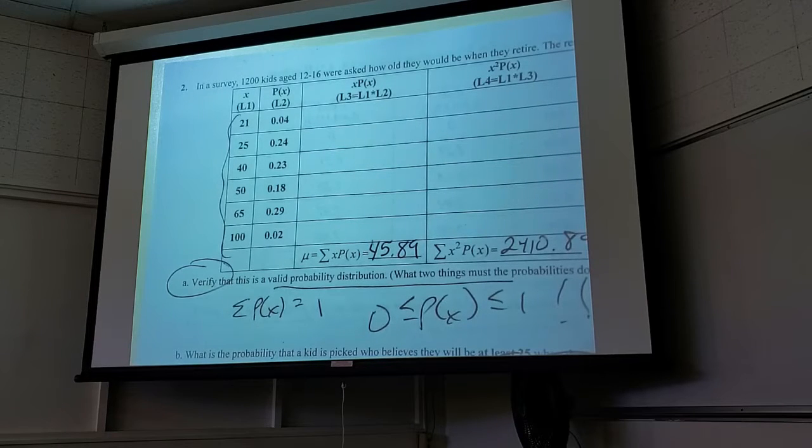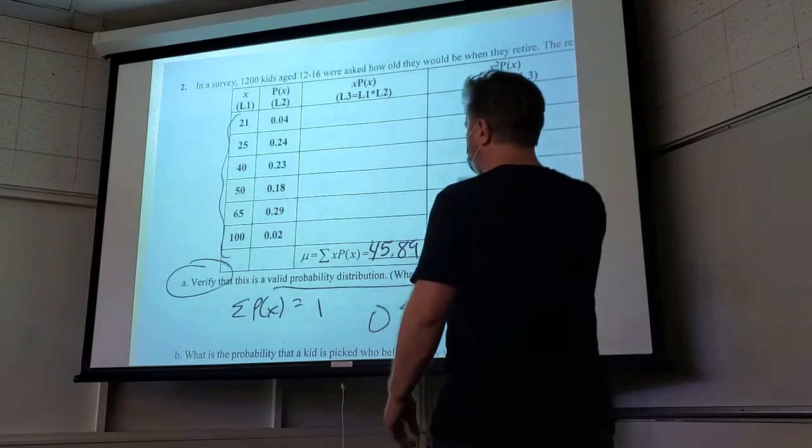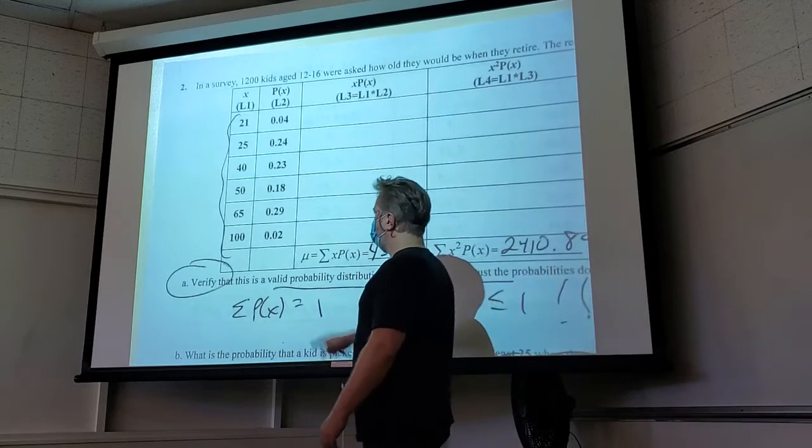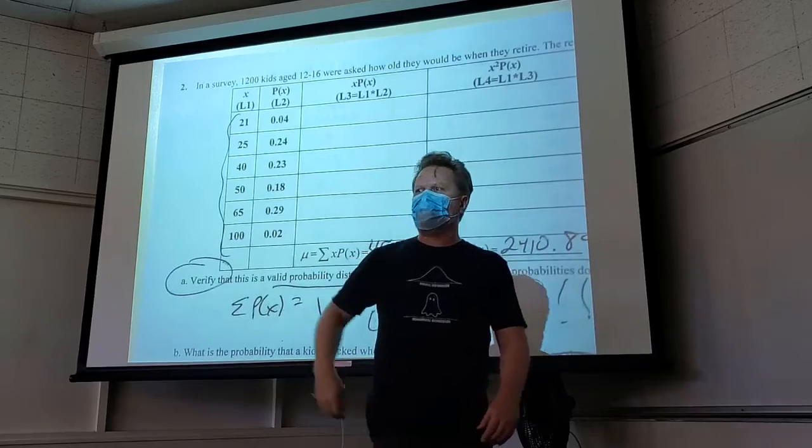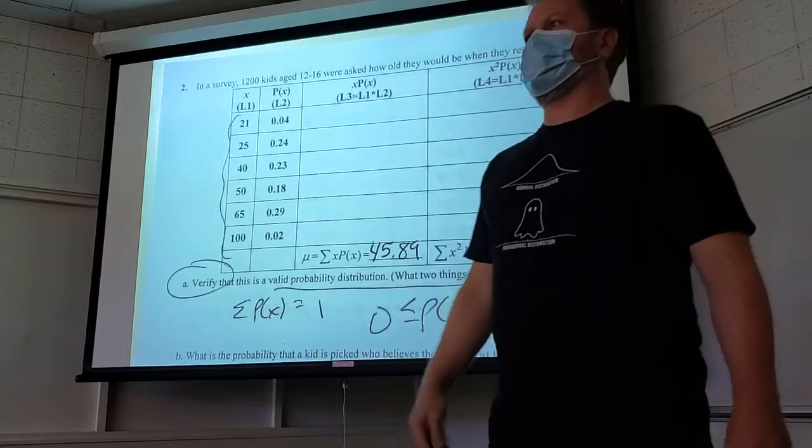So it's a two-step problem. How many kids believe they won't retire until they're 100? Well, what percentage think that? 2%. 2% of these poor kids think they'll be working away until they're 100 years old. Oh my God, right?